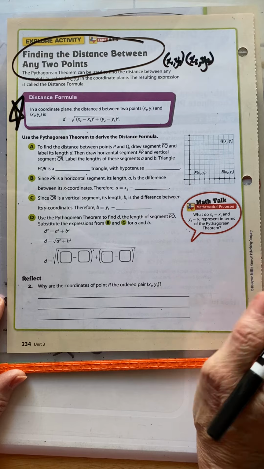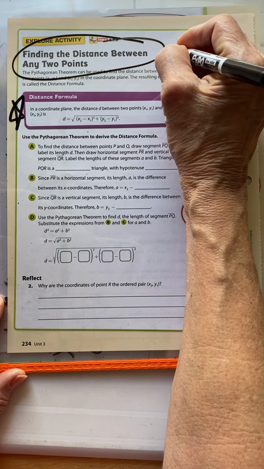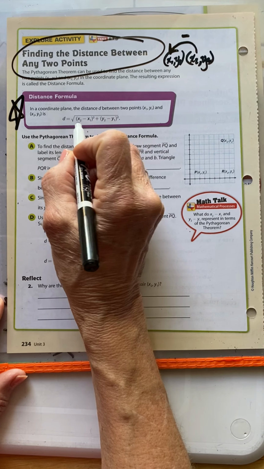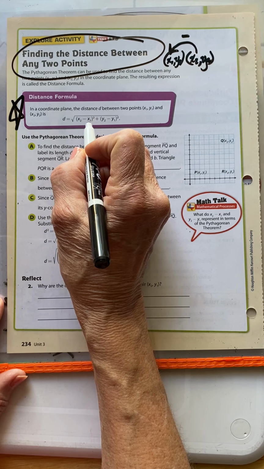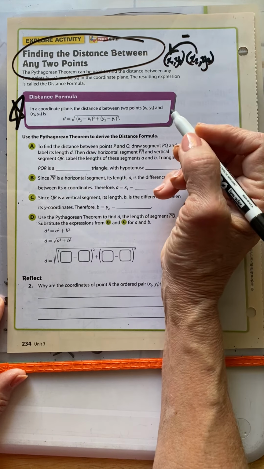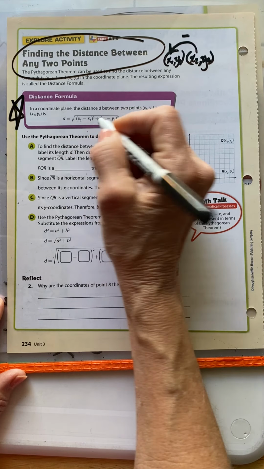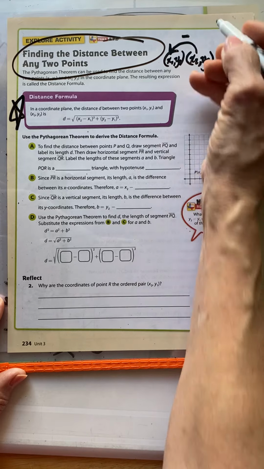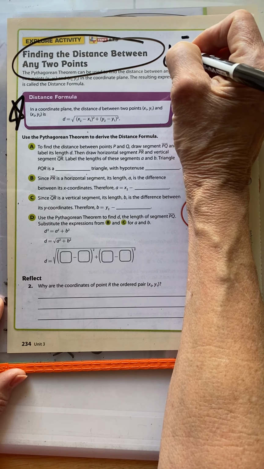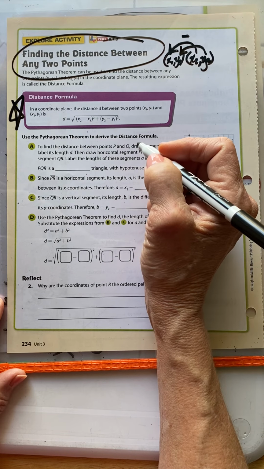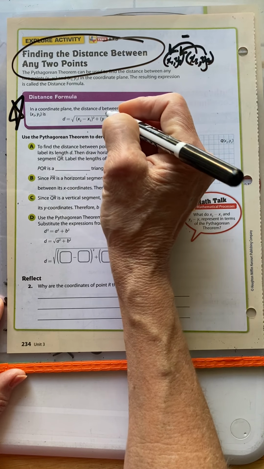All right, so let's remember it's x2 minus x1 in the first parentheses, squared, plus, which is like a squared. And then b squared would be y2 minus y1, squared.